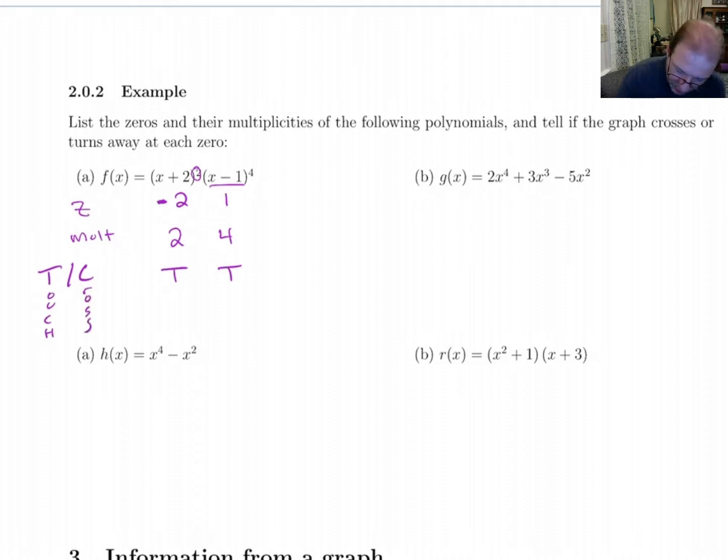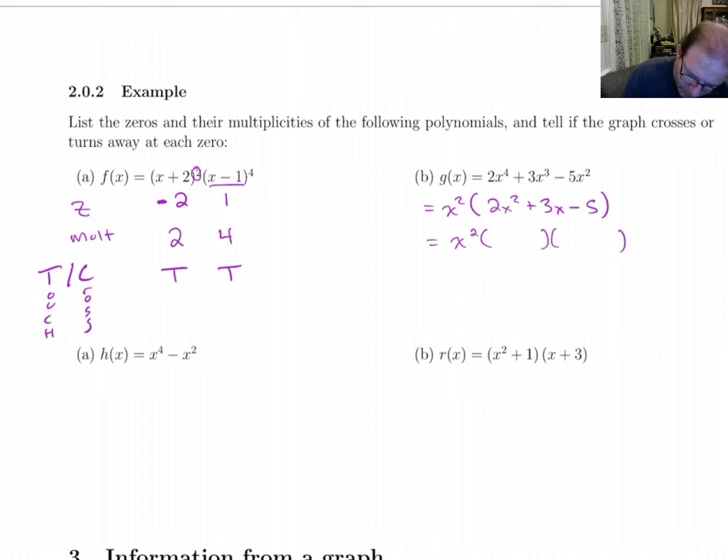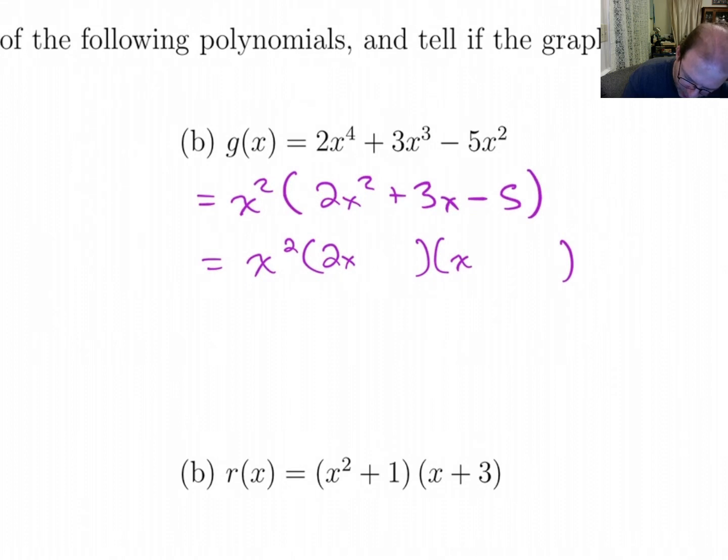All right, B over here. Now on B, we've got to factor it ourselves. This is a 4th degree polynomial, but it's not too bad because we can factor it into x squared times 2x squared plus 3x minus 5. And I think I can further factor that into 2x and x, and the 5 has to be 5 and 1.